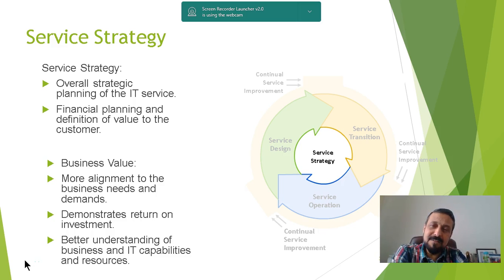The service strategy phase also talks about the financial planning and definition of value to the customer. So those are some of the things that you look at in the service strategy phase.